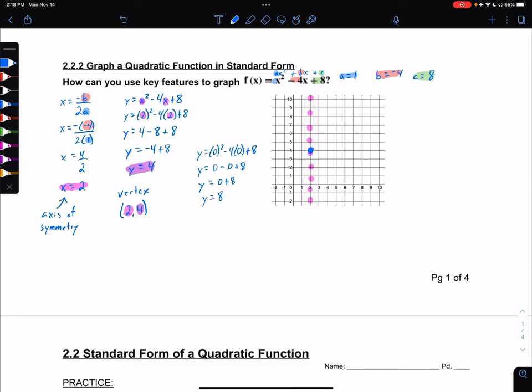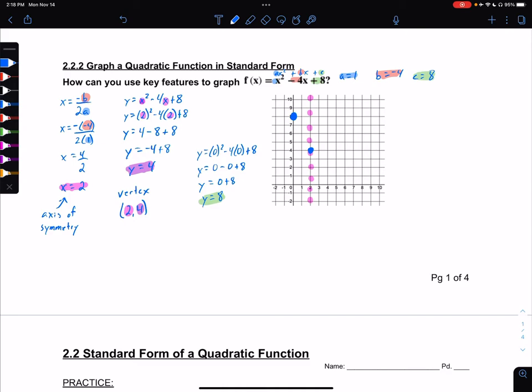Now the good news is you actually don't have to do any of this work, because if we do get a y-intercept of 8 here, what you might notice is that 8, this y equals here, is the same as our c value.